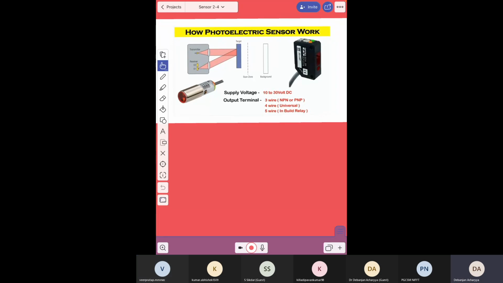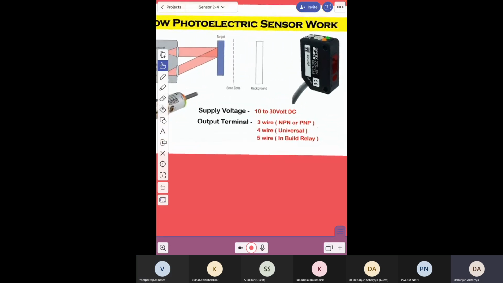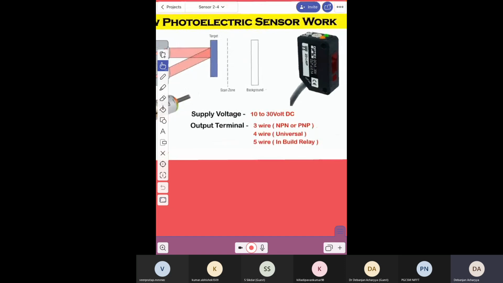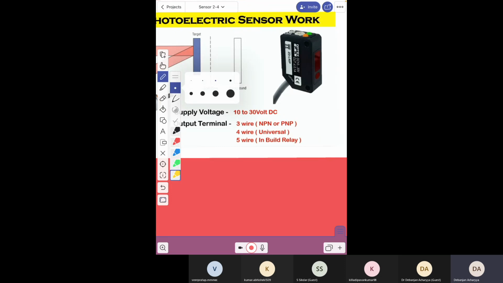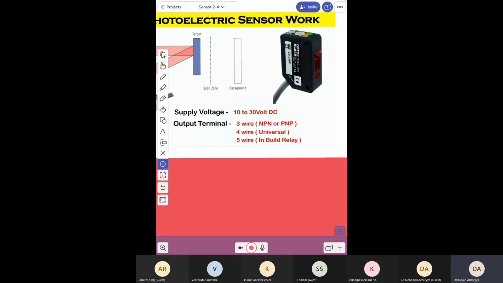This is a typical photoelectric sensor you may have seen in industry. Here there is a transmitter and this is the receiver.